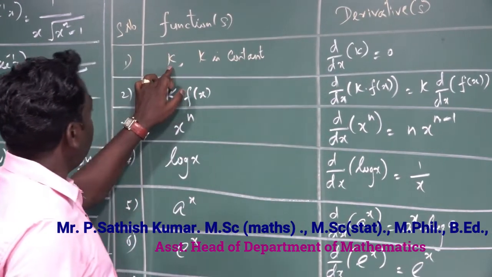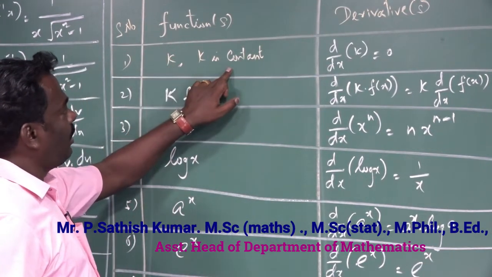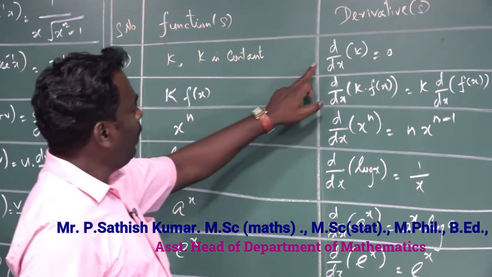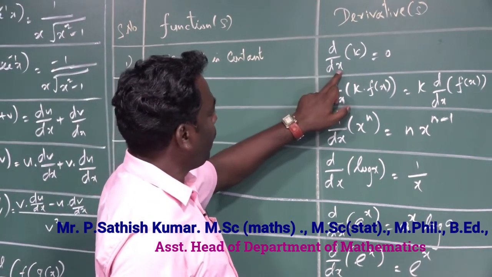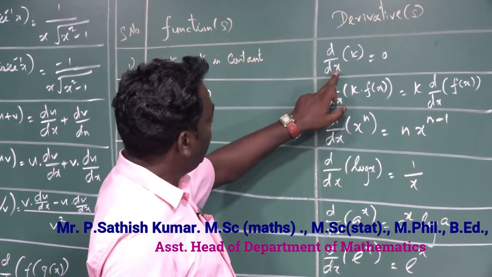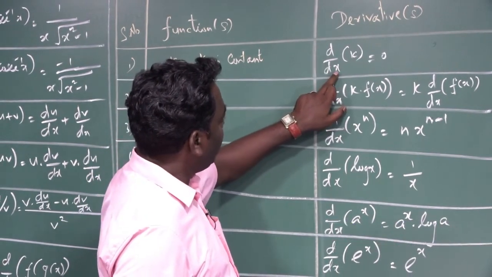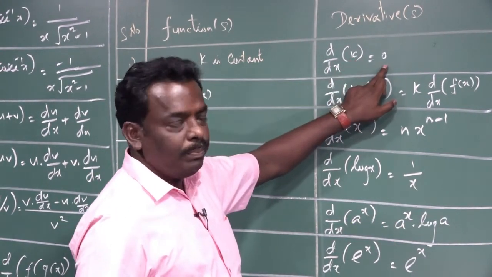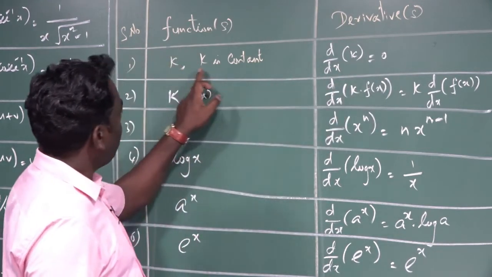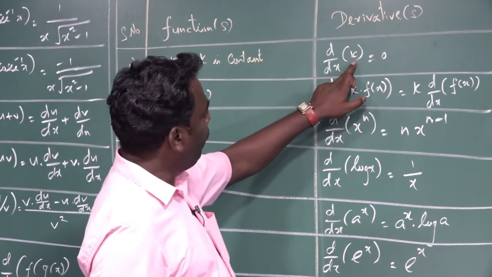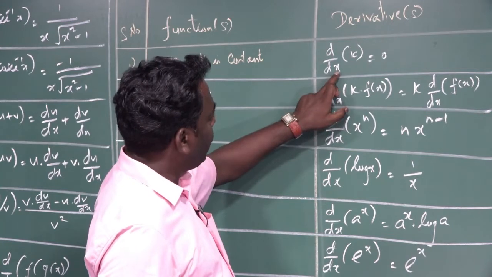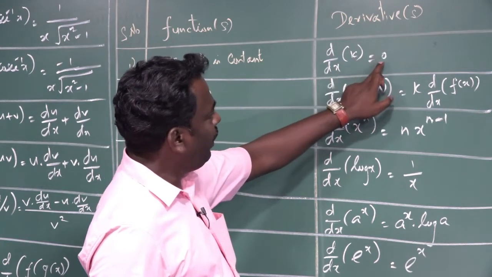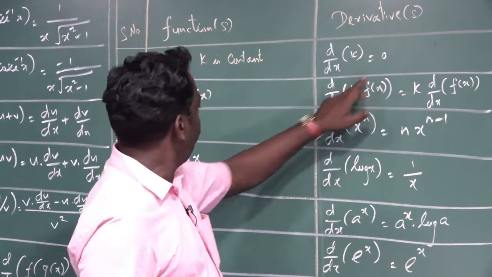The function k is called a constant term. If the constant k is differentiated with respect to x, the derivative becomes 0.